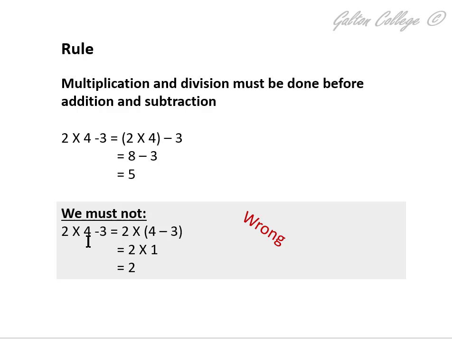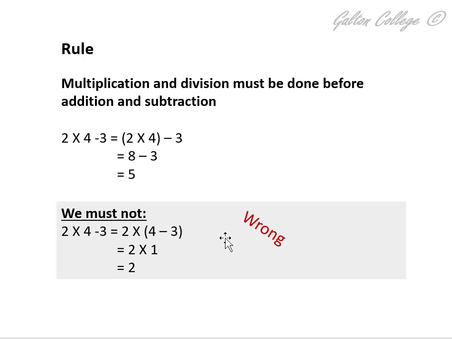We would have 2 times 4 minus 3. But if we did it wrong, we'd say 4 minus 3 is 1, so it's 2 times 1 is 2. So up here we got the answer 5, and down here we got the answer 2. As I said, this is wrong.